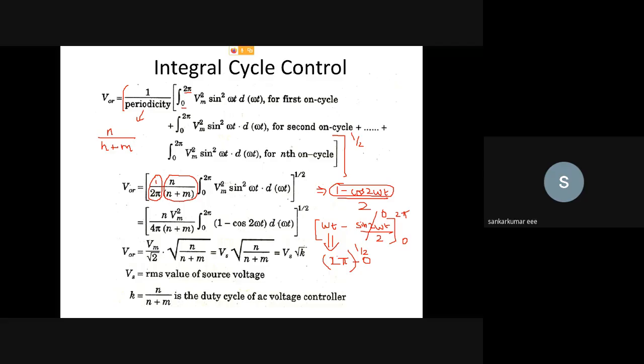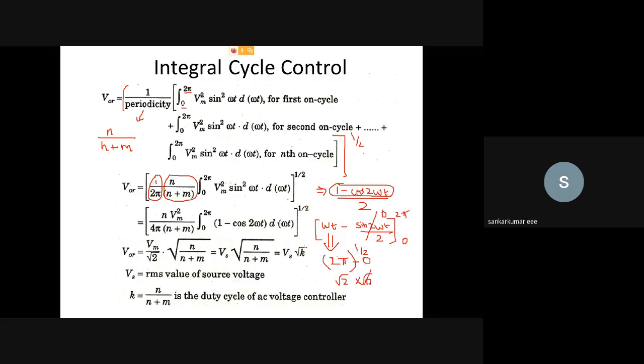So here 2 pi to the power of 1 by 2 will be root 2 into root pi, and we already have root of n by n plus m into Vm square divided by Vm square, it will be Vm, and 4 pi, when we take it outside the square root, will be 2 into root pi.